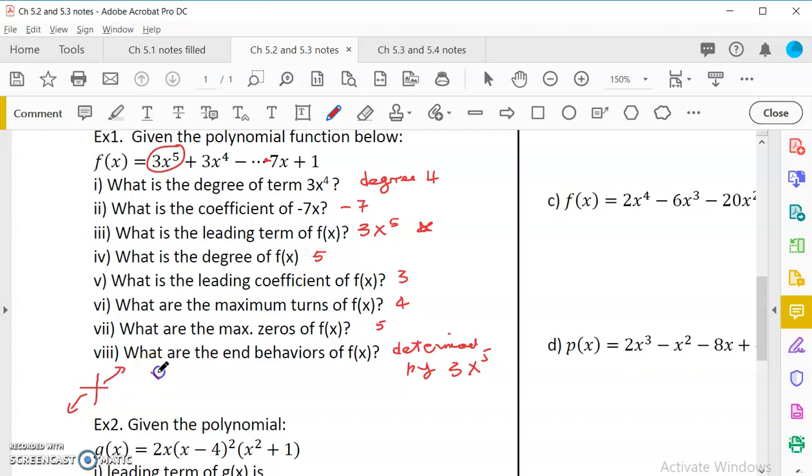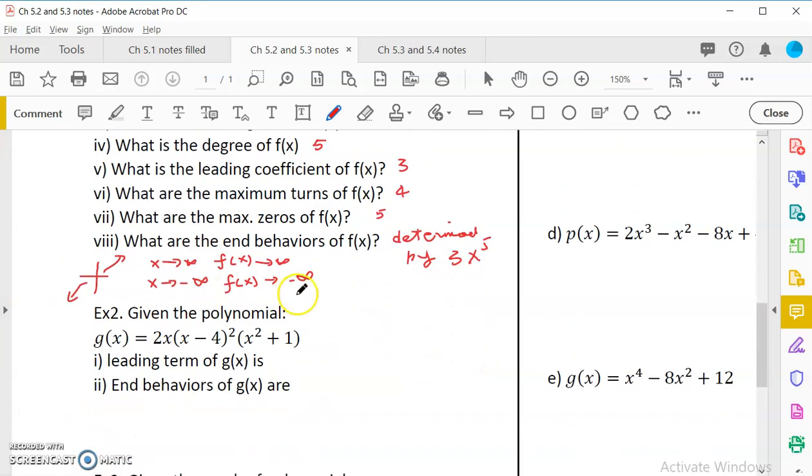When x approaches infinity, f of x also approaches infinity. When x goes to negative infinity, f of x also goes to negative infinity. So that's the end behavior. It's as if you only have one term, or the other terms don't change the end behavior. End behavior means when x is very large.